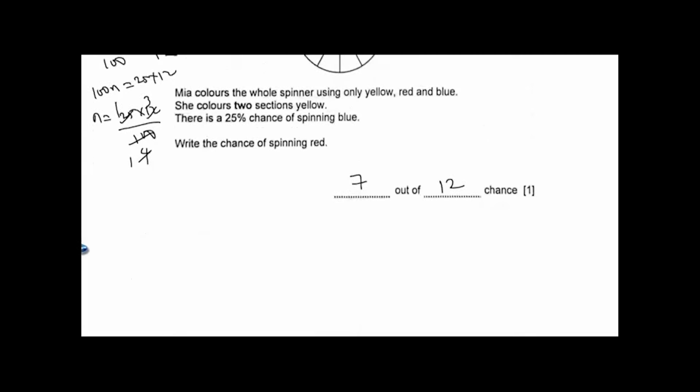So let's go to the next question, and that will be question 17. Draw a line to match all the pairs of equivalent values. So 60%, let's start with 60%. For 60%, if you use your calculator, it will give you 3 out of 5, and it's down here 3 out of 5.